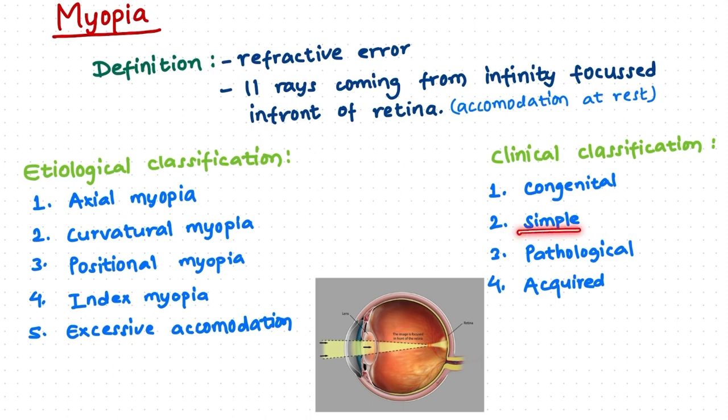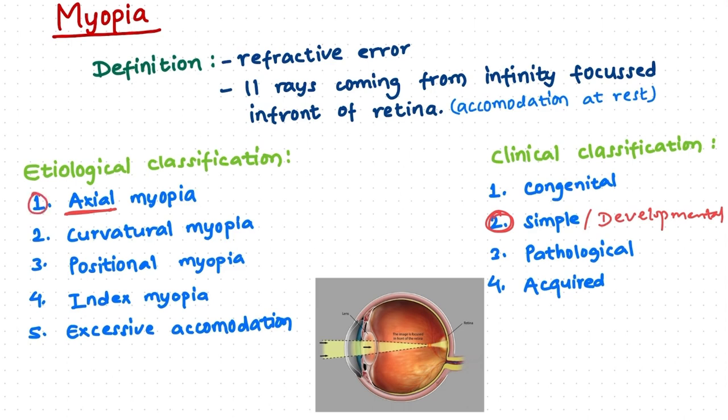Now in simple myopia, it is also known as developmental myopia, as I already said. Developmental myopia is the commonest kind of myopia based on clinical classification, right? From etiological classification, axial myopia was the commonest, and it is the simple myopia from the clinical classification which is the most common.